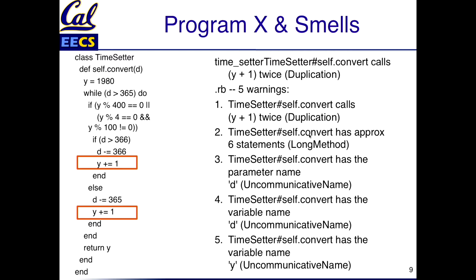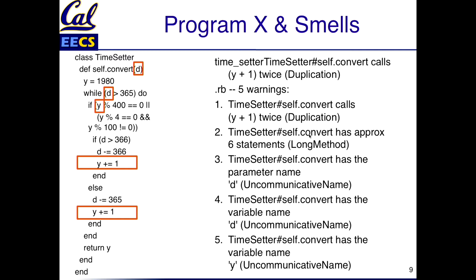Next thing it says is the method is long. So length is kind of in the eye of the beholder. And the Ruby code's really powerful, so even a bunch of statements like that is pretty long. But a lot of it is this nested if statement. It's kind of hard to figure out. So it's suggesting it's kind of a long method. After that, it starts complaining about these single letter variable names, both as a parameter and then in the while loop and again.